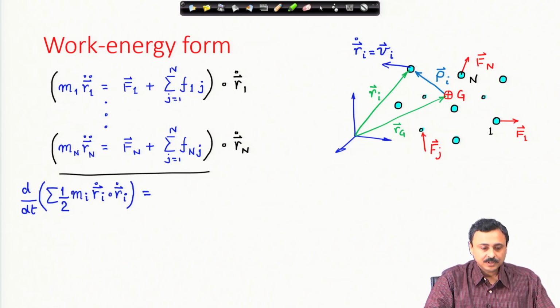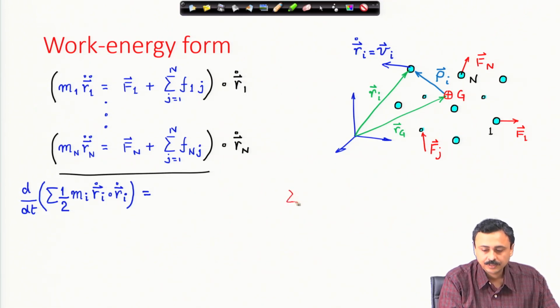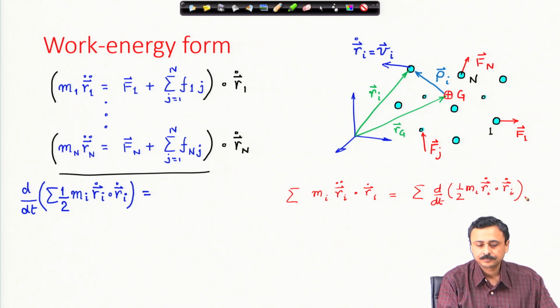What do I have? On the left hand side, we have the summation of m_i r_i double dot dot r_i dot, and this we have seen before can be written as the summation of d/dt of half m_i r_i dot dot r_i dot, and that is precisely what I have written on the left hand side.